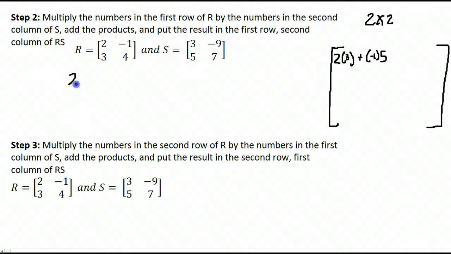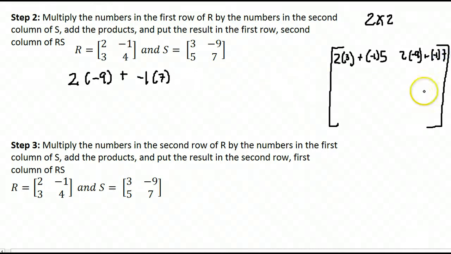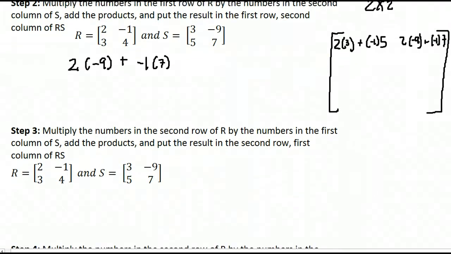So we go 2 times negative 9 plus negative 1 times 7. And that is the second element of the first row. Then we write that in our matrix for our second element. Okay, so that's step 2.